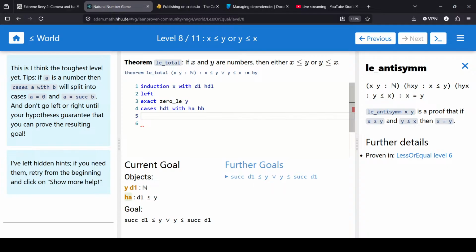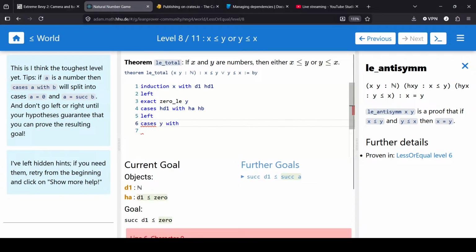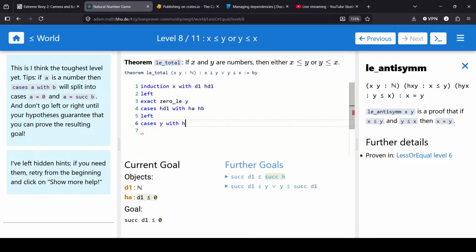Okay, let's try left again. Cases Y with, oh boy, H. Give them funnier names.